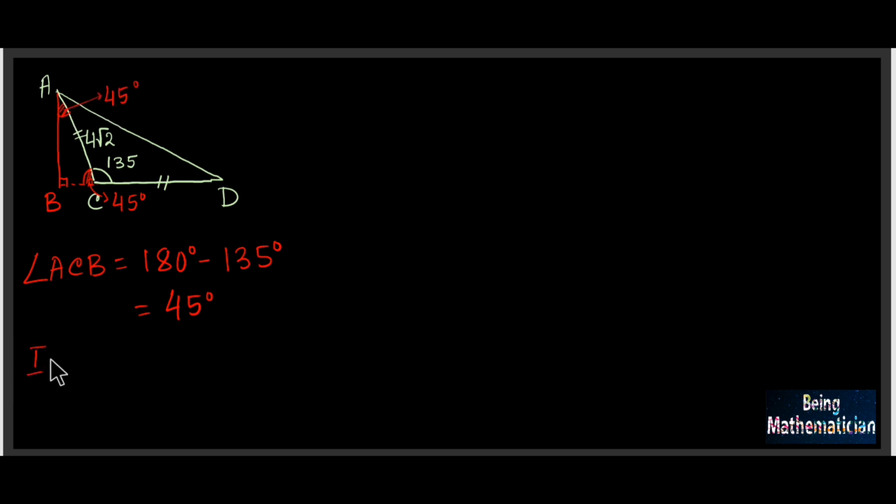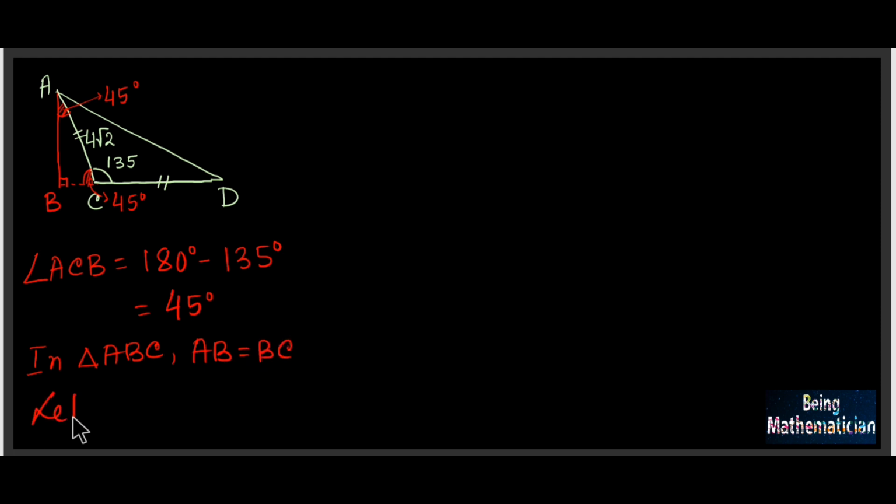And this is 90 degree and this angle must be 45. So in triangle ABC, one angle is 90 degree and two angles are 45 and 45. So clearly ABC is a right angle isosceles triangle. So in triangle ABC, AB is equal to BC.